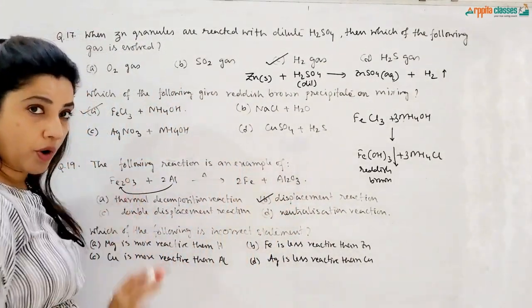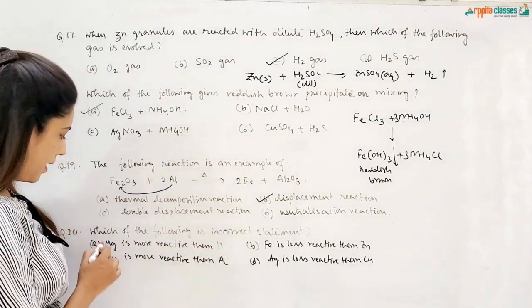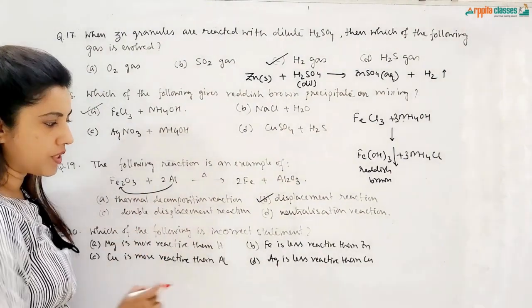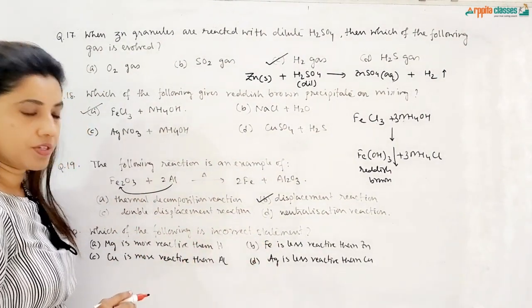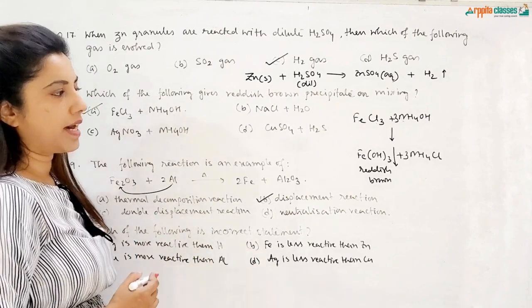Last question for today's video. Which of the following is an incorrect statement? Mg is more reactive than hydrogen. Fe is less reactive than zinc. Copper is more reactive than aluminium. Ag is less reactive than copper.